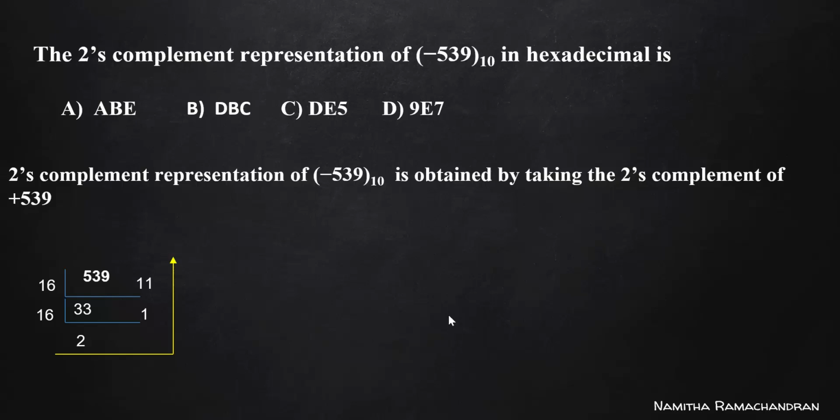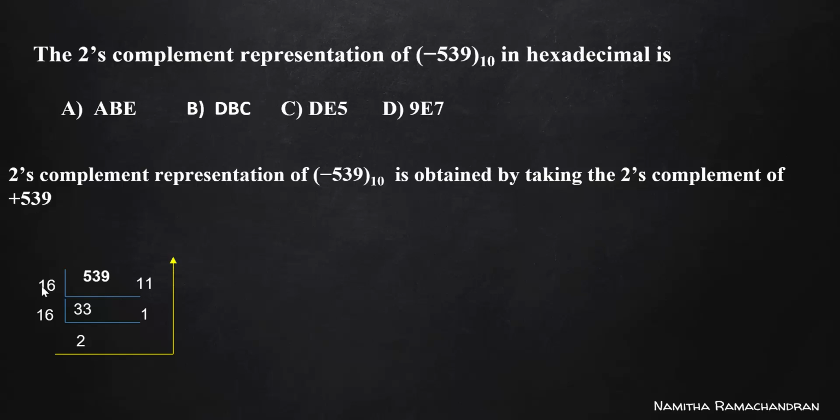That will equal the binary representation of our minus 539. Okay, we can divide this continuously using the divisor 2 and take the binary representation of positive 539. Then take its 2's complement form. That will equal the binary form of our minus 539. Right. Here actually I did this division using base 16.